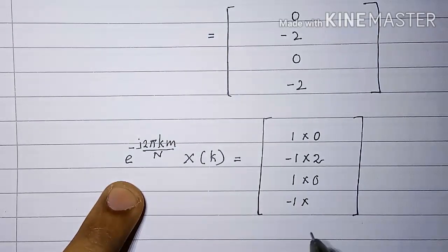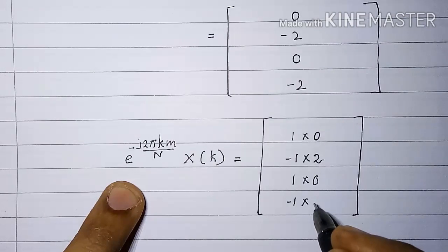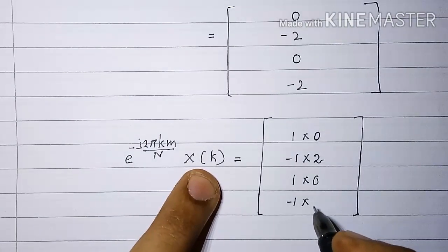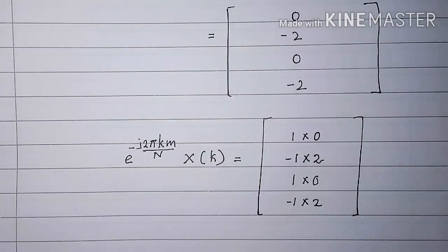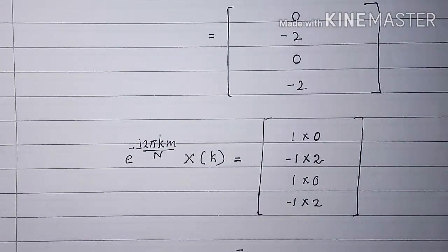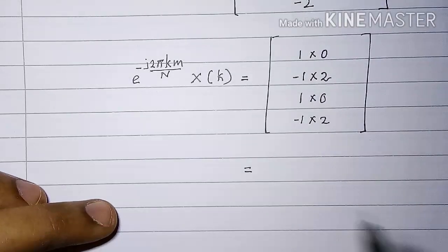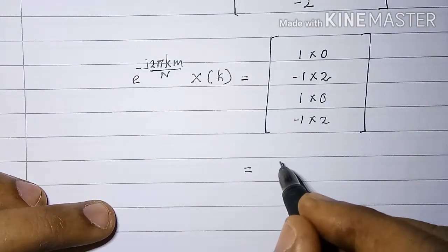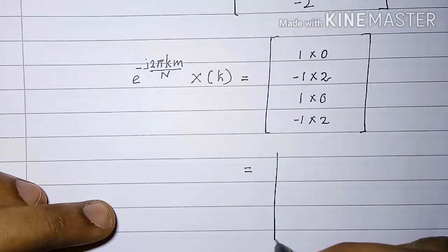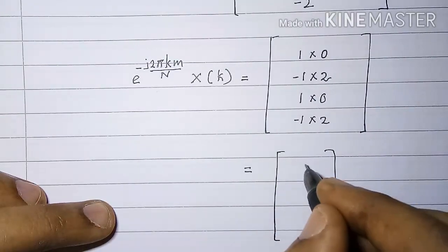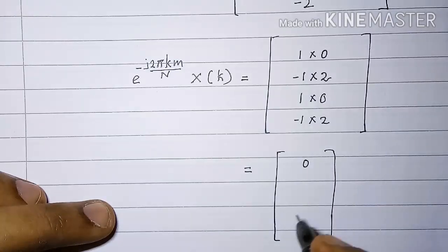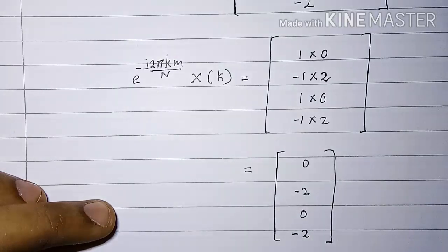So minus 1 into x of 3. X of 3 is 2. So we get 0, minus 2, 0, minus 2.